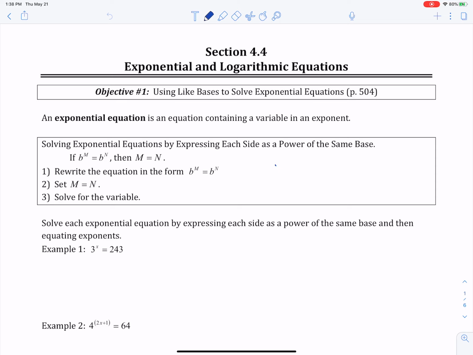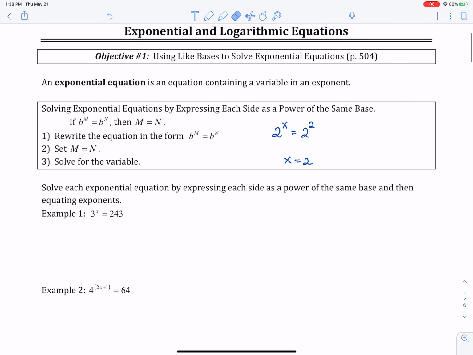If, let's say, 2 to the x is equal to 2 to the 2, it is common sense that x must be 2. If x is 3, then that's going to be 8, and that's 4, so obviously not correct. So the only way for this to be true is x being 2. So we are going to follow the steps to solve this equation.